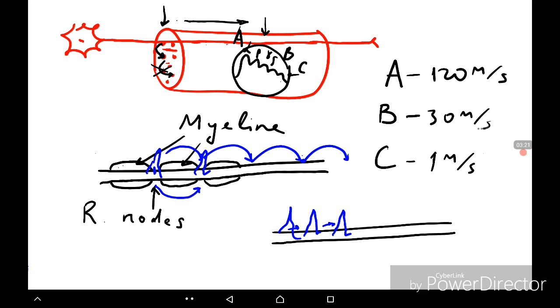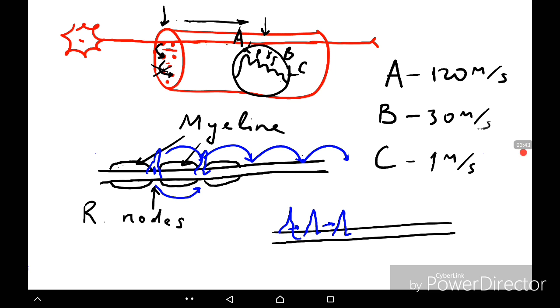It doesn't happen normally. The second law is the two-way conduction law. It means that from the place where excitation was given, the action potential moves in both directions.